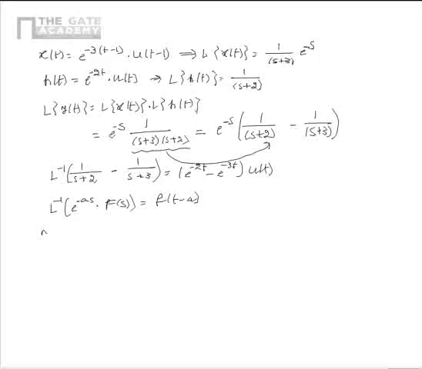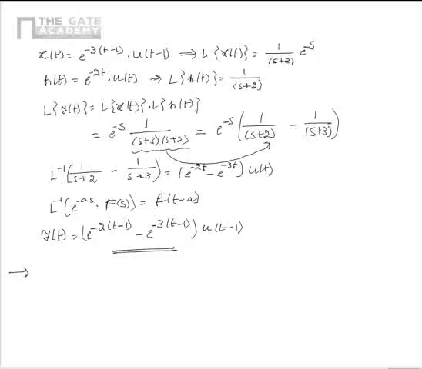So from this, y of t becomes e power minus 2 multiplied by t minus 1 minus e power minus 3 multiplied by t minus 1 as a whole multiplied by u of t minus 1. So for the given input, the given LTI system gives an output of y of t is equal to e power minus 2 multiplied by t minus 1 minus e power minus 3 multiplied by t minus 1, u of t minus 1.